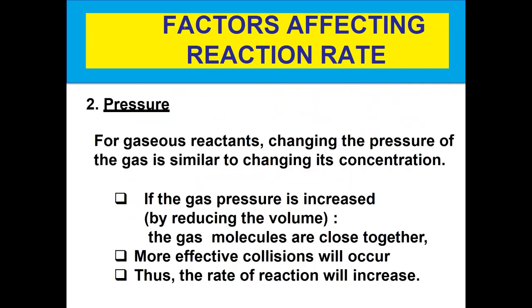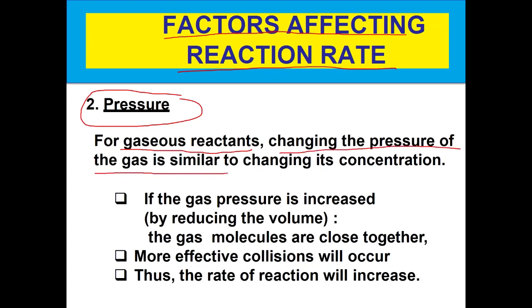The next factor that can affect the reaction rate is pressure. For the gas reactant, the reactant that involves gas, changing the pressure of the gas is similar to changing its concentration. Pressure only matters when the reactant is in gas form.